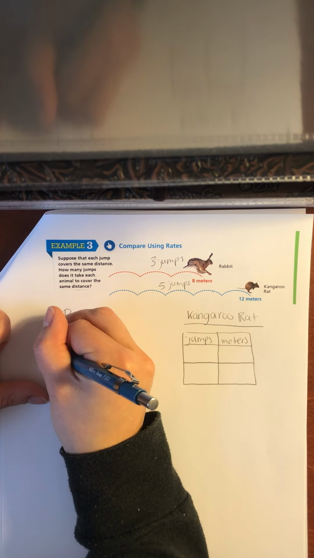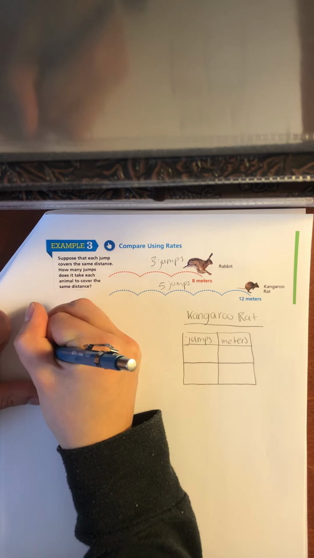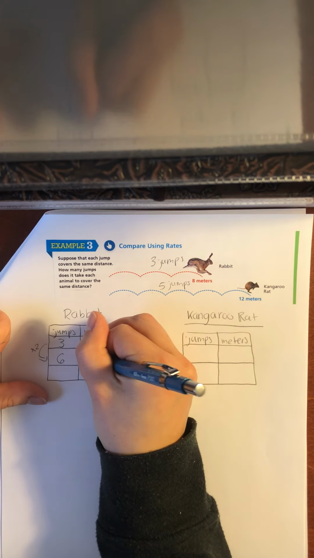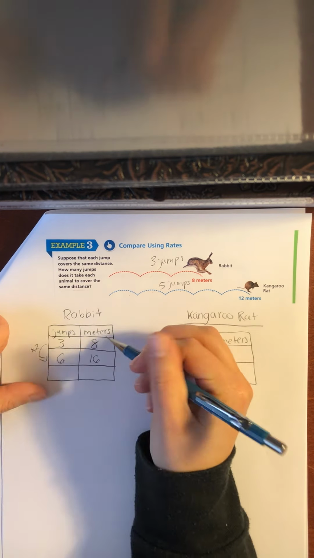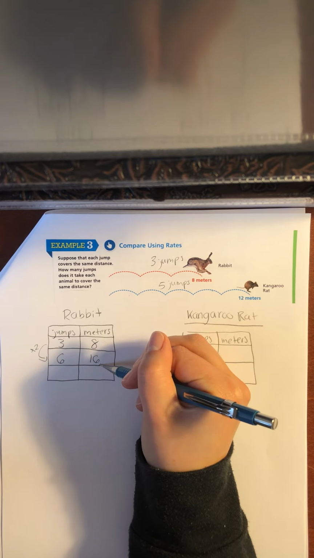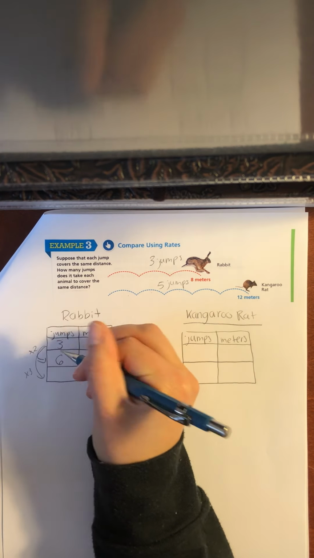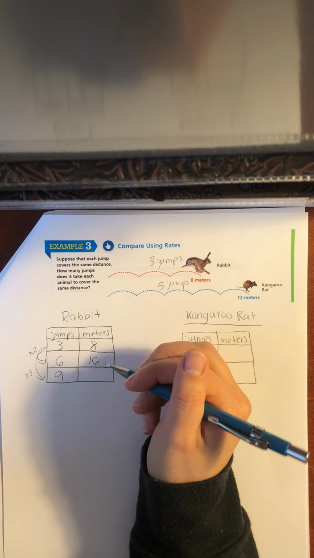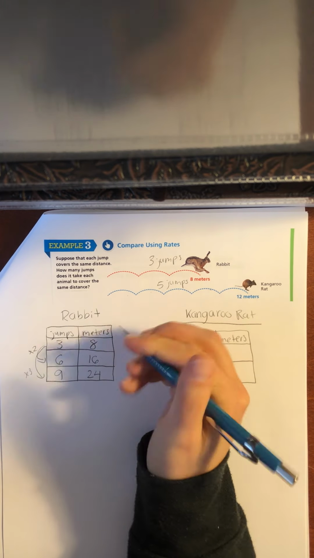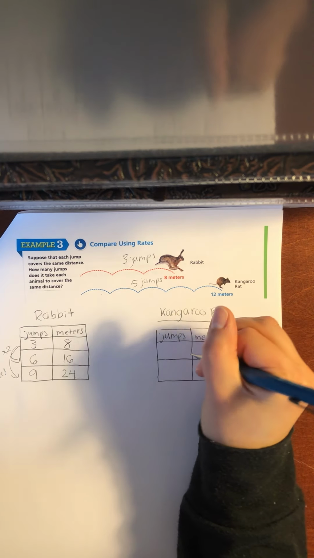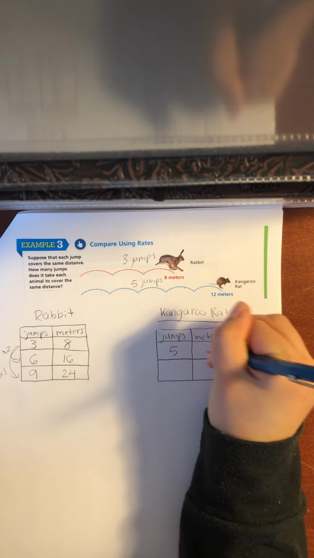So then I'm going to multiply by 2 here. So that means that 6 jumps is going to get him to 16 meters, because if I multiply by 2 here, I have to multiply by 2 here. Now I'm going to multiply by 3. 9 jumps would get him to 24 meters, because 8 times 3 is 24. Okay, kangaroo rat, 5 jumps is 12 meters.